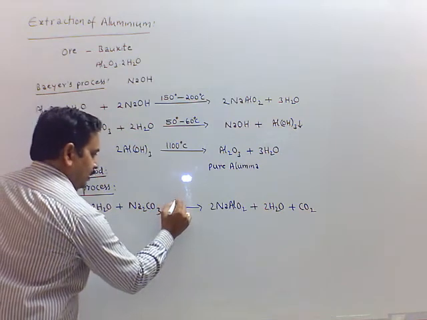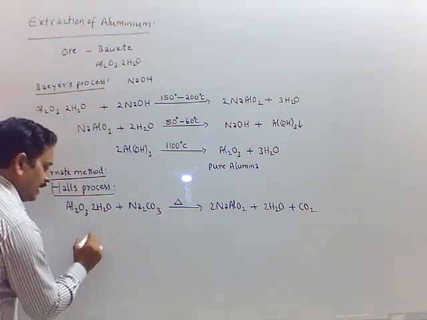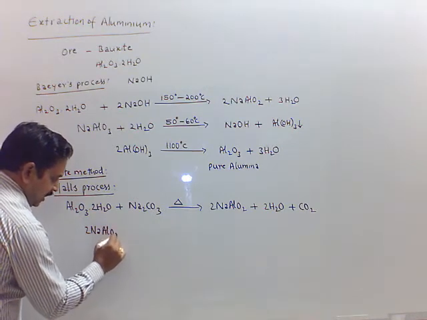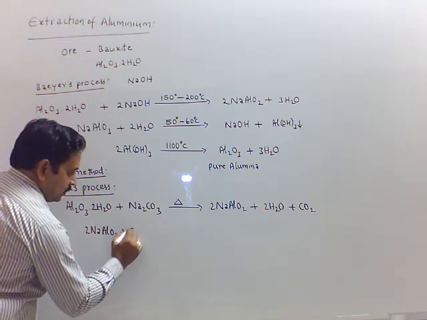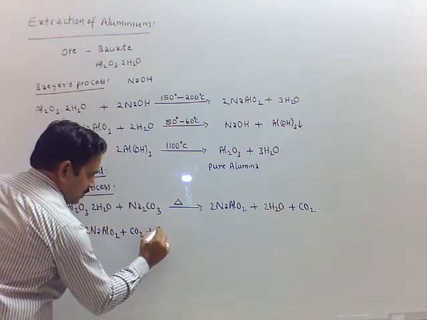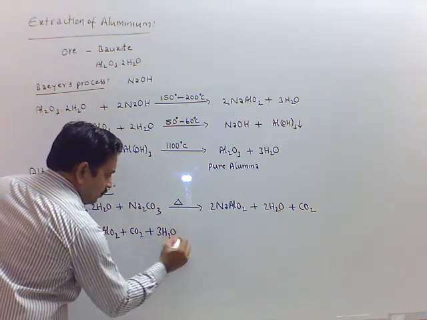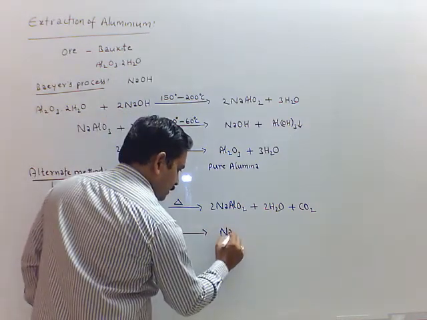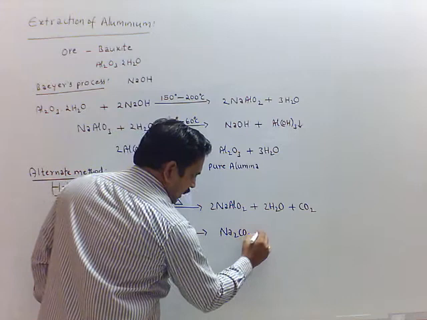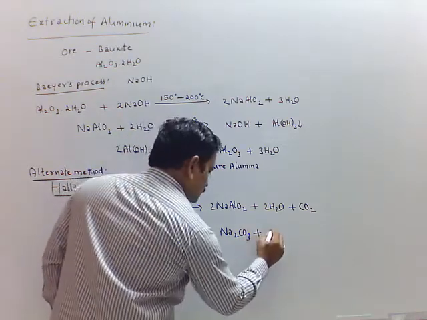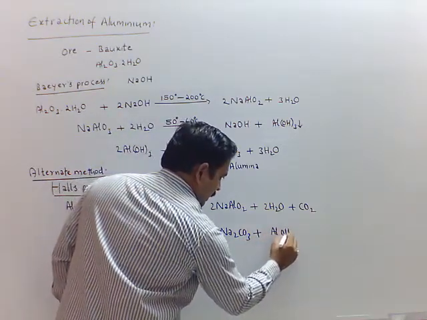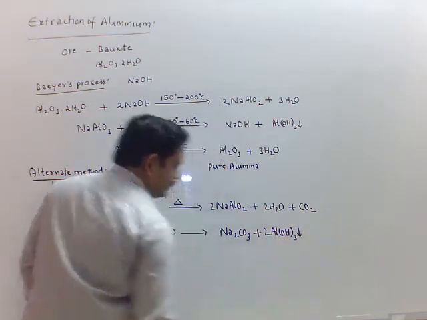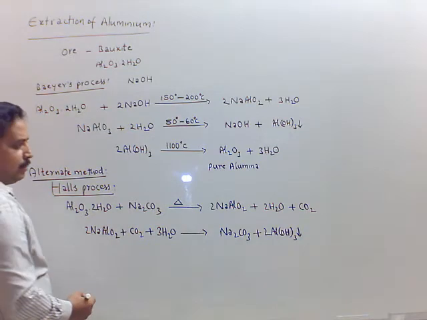Here it is heating. Again sodium aluminate NaAlO2 plus CO2 plus 3H2O gives rise to Na2CO3 plus Al(OH)3, a precipitate. Aluminium hydroxide is formed.